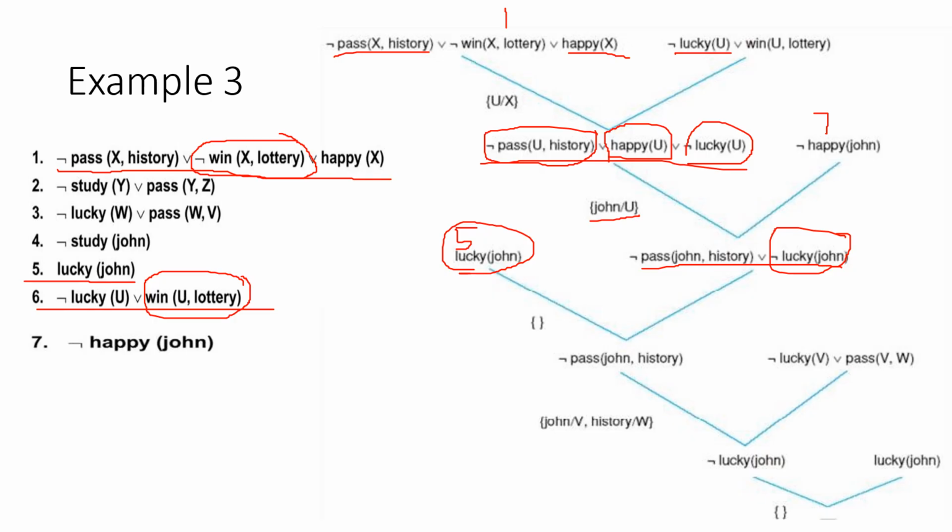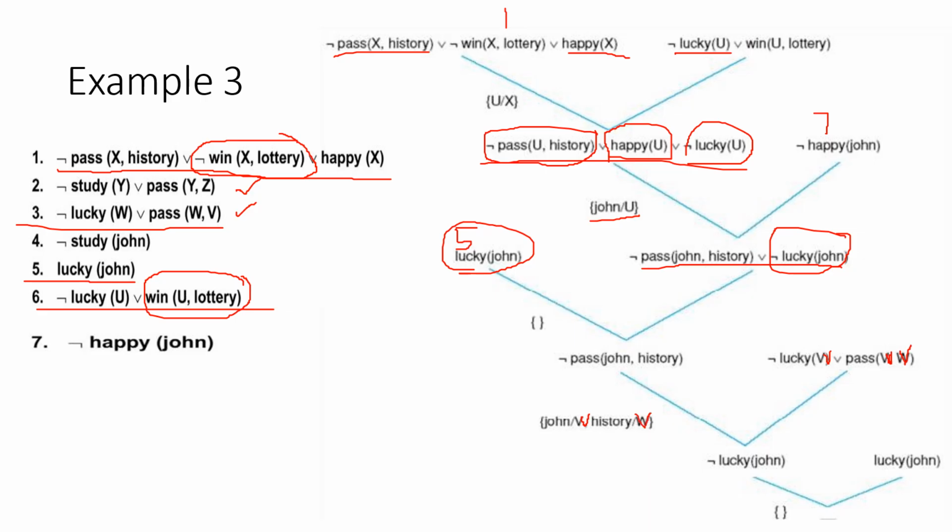Then we see if there are any complementary clauses. If we consider the second or third, there is a complementary clause. I am considering the third one, not lucky W or pass W comma V. Here we can substitute W as John and V as history.